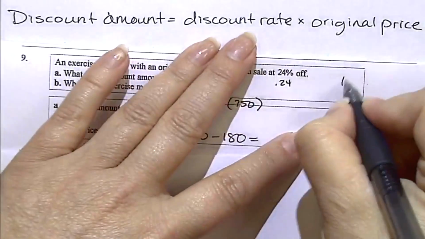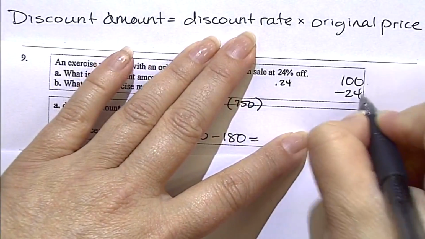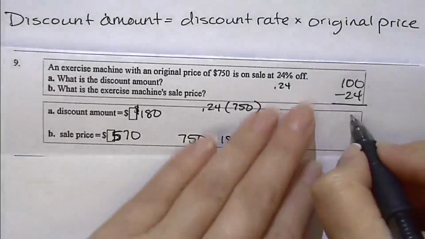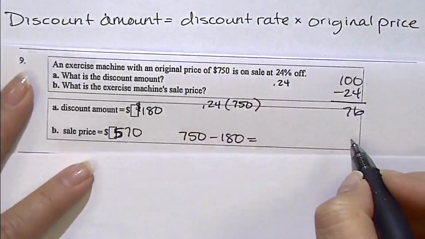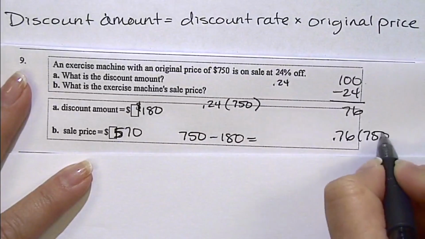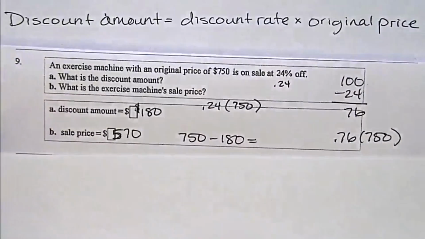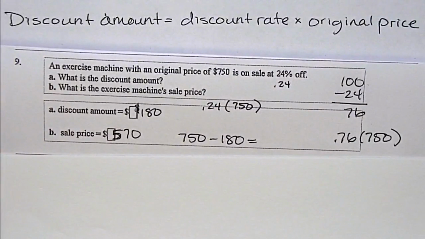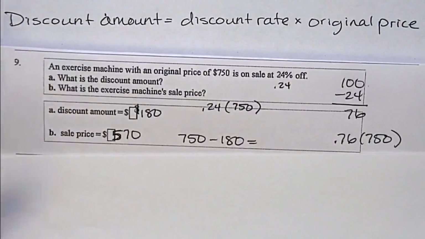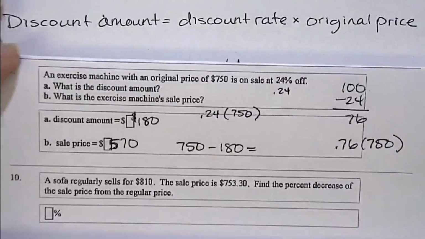Like if you take 100 minus 24, because that's what a percent is out of 100, right? So 100 minus 24 would give you 76. And if you did 0.76 of 750, that should give you the new price, 570. Okay. Again, whatever way, you're always going to show me your work.